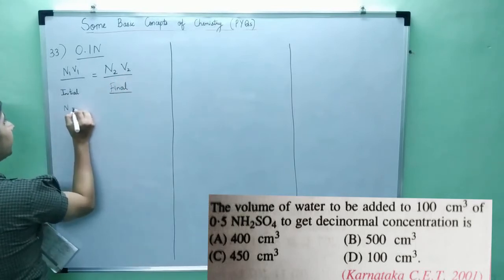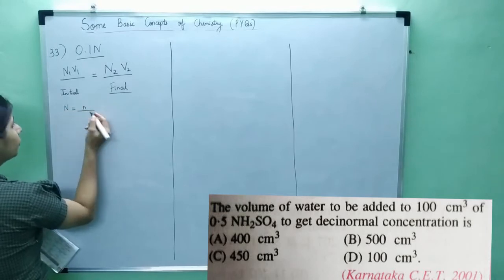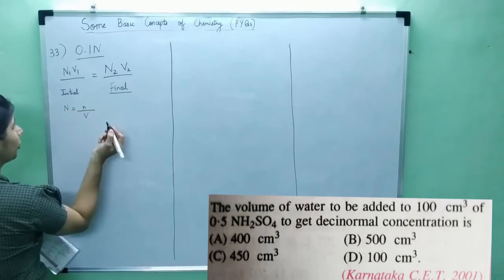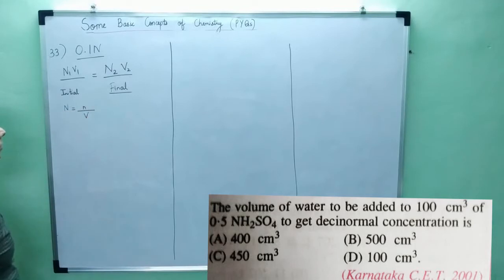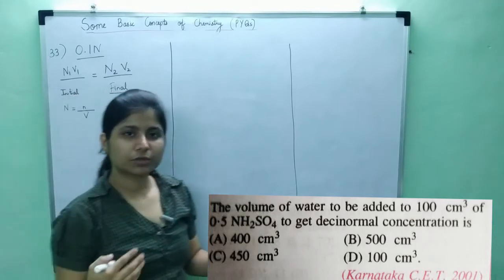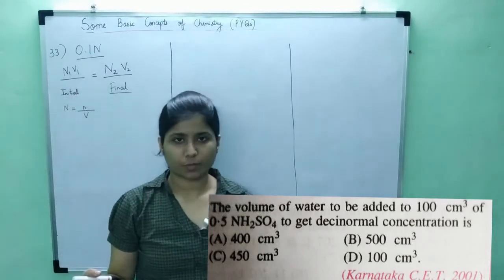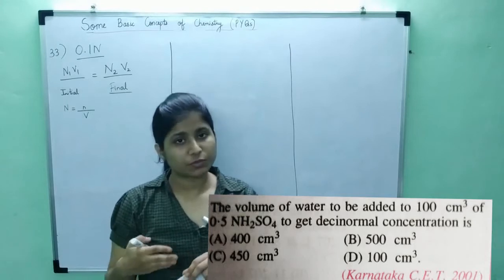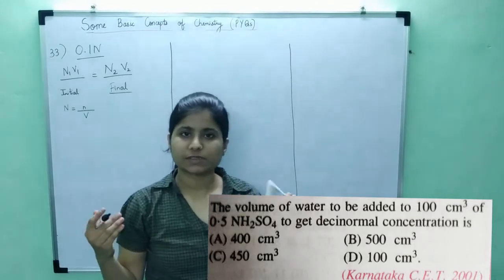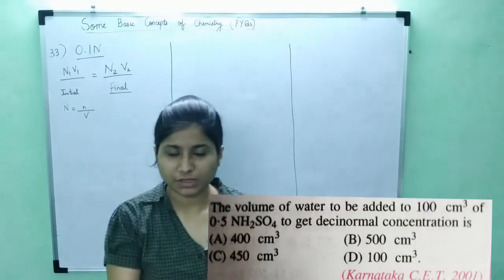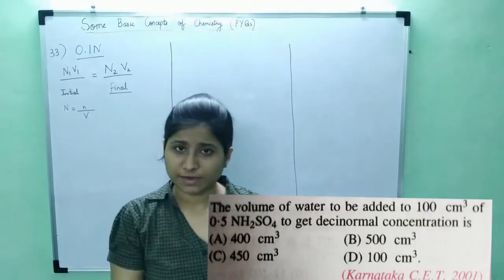Now what is normality? Normality is number of equivalents upon volume, right? So whatever be the volume of the solution, whatever be its normality, the number of moles are going to remain same. Suppose I have 5 grams of a substance added in water.